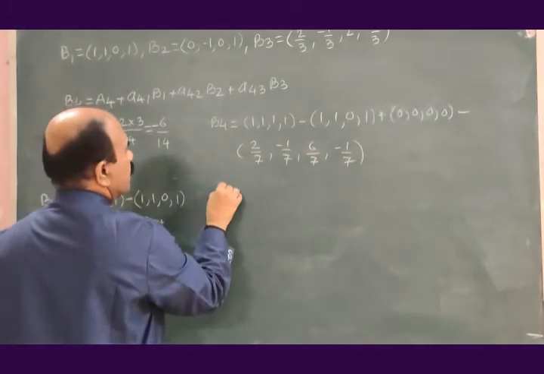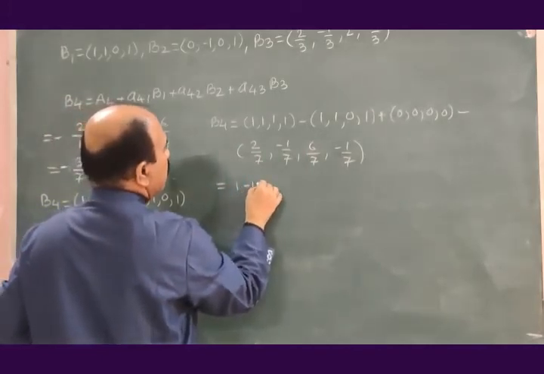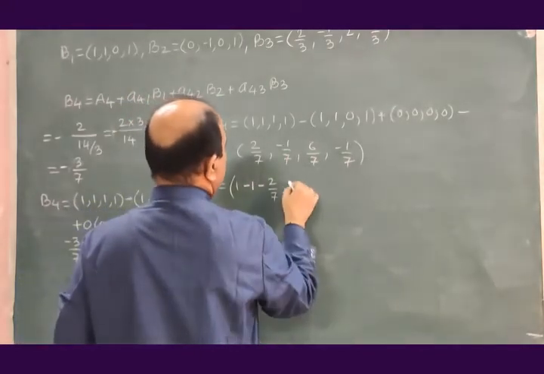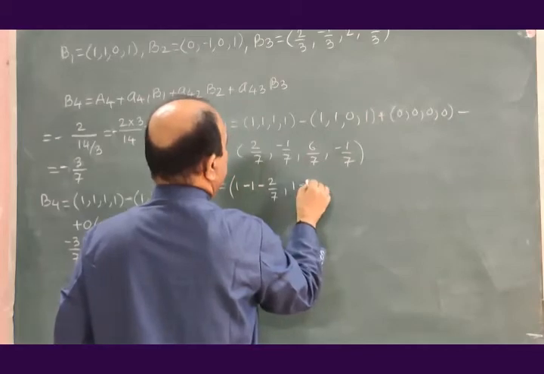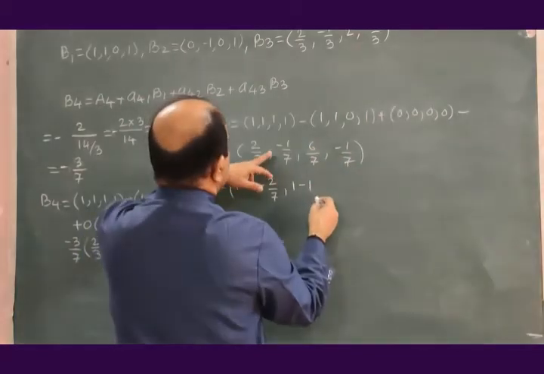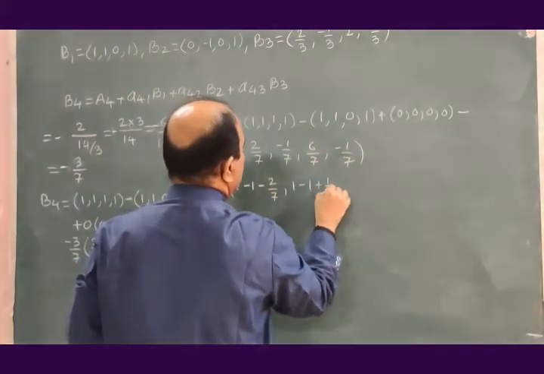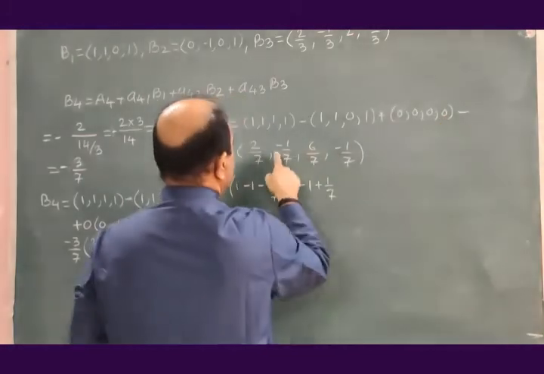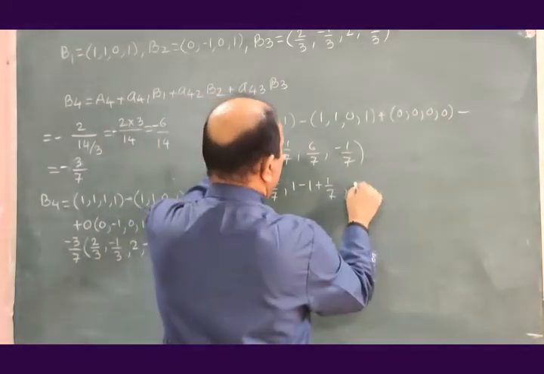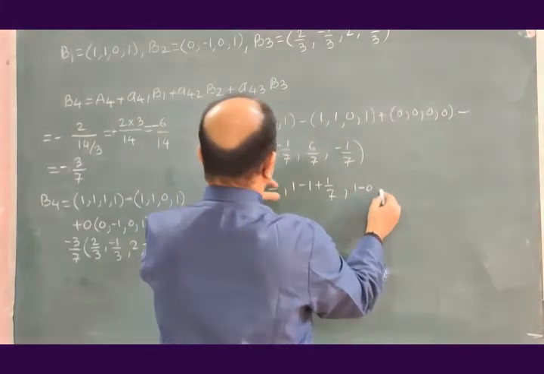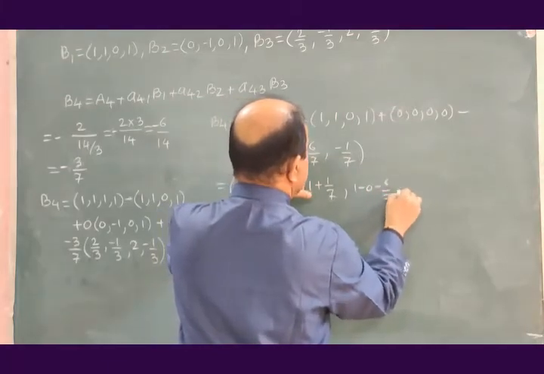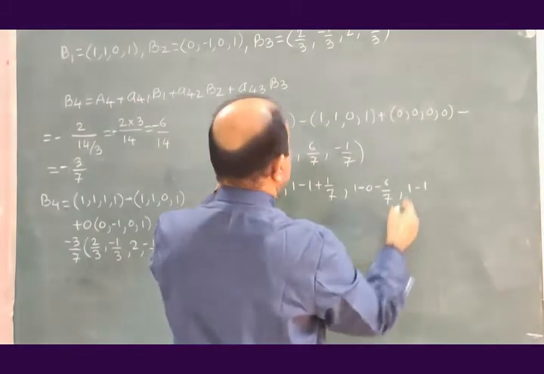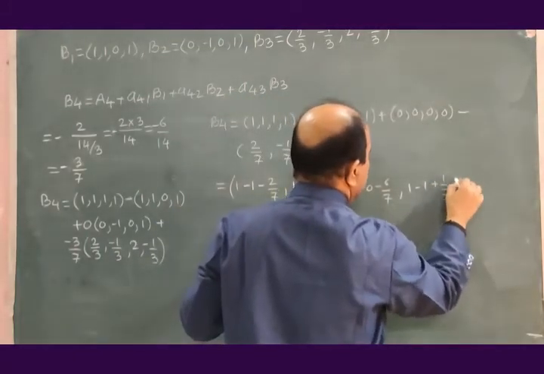and now let us add all this. 1 minus 1 minus 2 by 7 comma let us go to second 1 minus 1 minus minus plus 1 by 7. 1 minus 1 minus minus plus 1 by 7 comma 1 minus 0 minus 6 by 7 comma 1 minus 1 and minus minus plus 1 by 7.